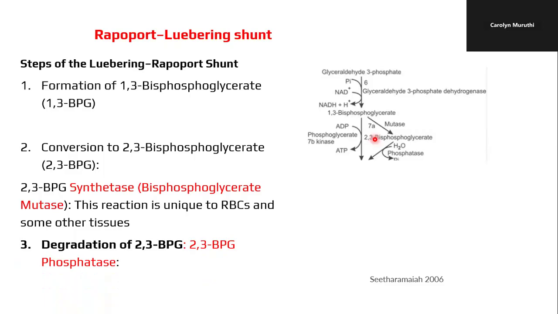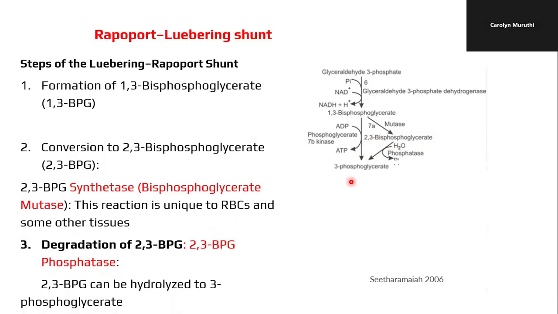Once 2,3-bisphosphoglycerate has done its job, it does not accumulate indefinitely. An enzyme known as 2,3-bisphosphoglycerate phosphatase will convert 2,3-bisphosphoglycerate into 3-phosphoglycerate, which re-enters glycolysis further downstream.